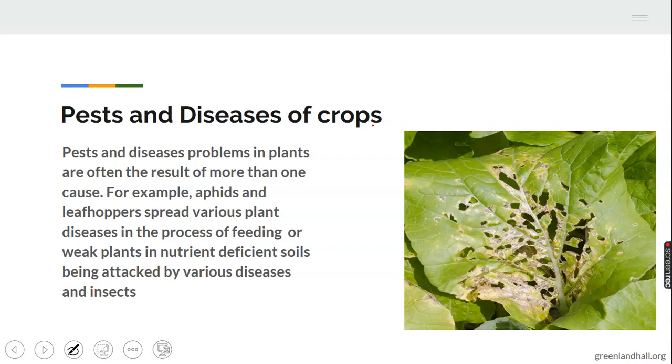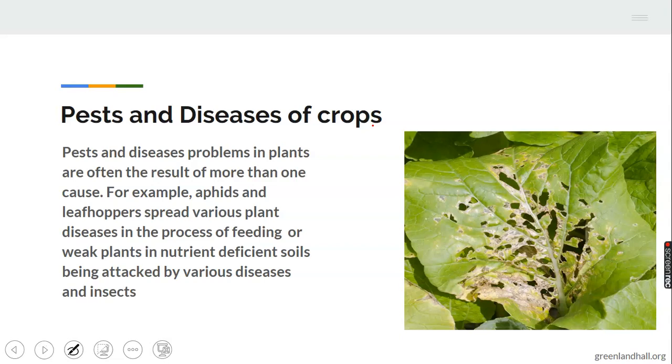Insects have eaten this. Nobody wants to buy these vegetables once they've been damaged. And then there is loss. And that is why pests and diseases are not the friends of farmers, because they destroy the farm produce, the fruit and vegetable crops that should have brought in money to the farmer.